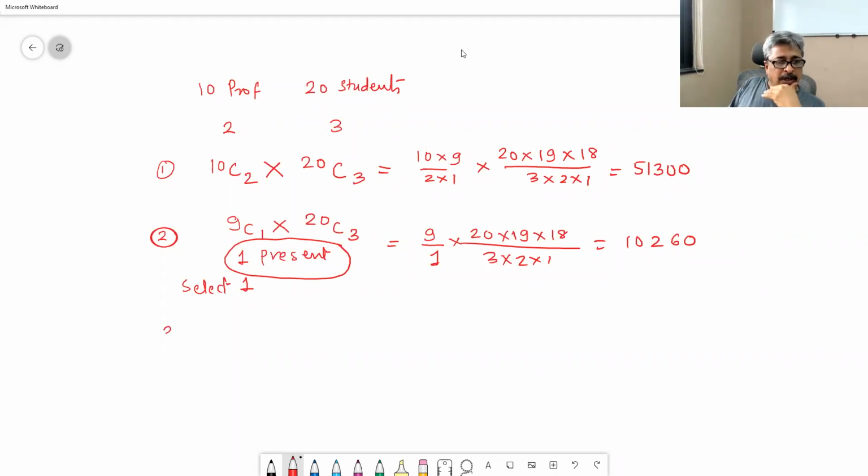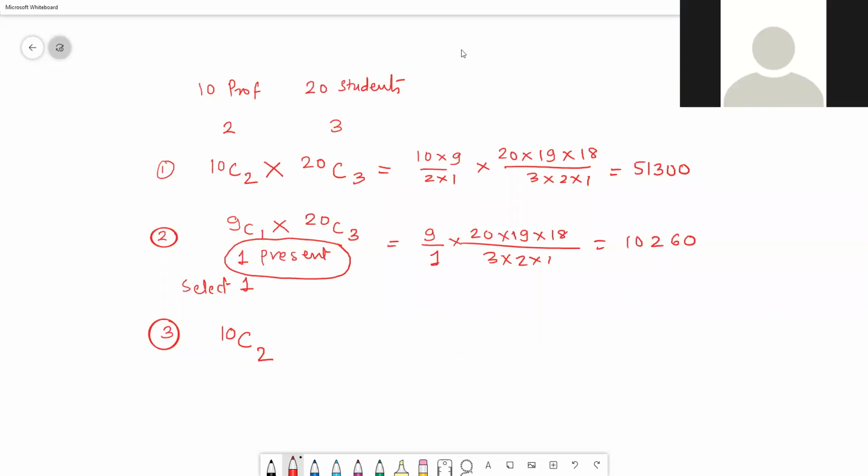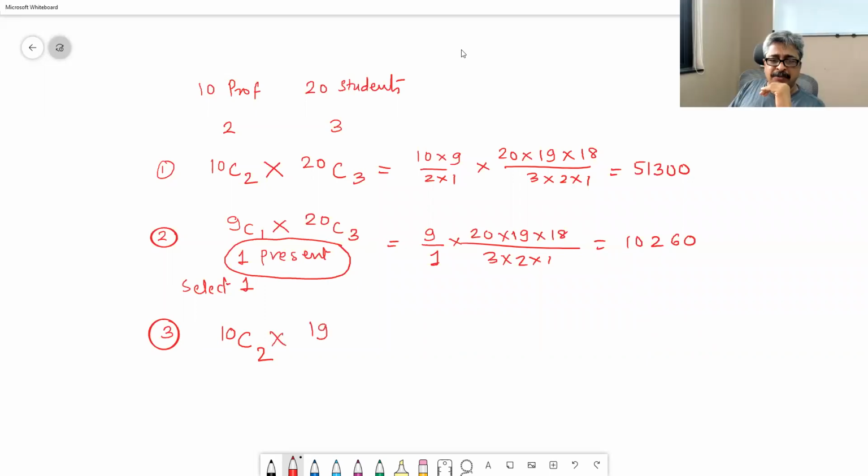The third thing is: in how many ways can this committee be formed if a particular student is excluded? More simple. Choose 2 professors out of 10, and out of these 20, one student is to be excluded. So we have 19 students and we are supposed to choose 3 out of them.